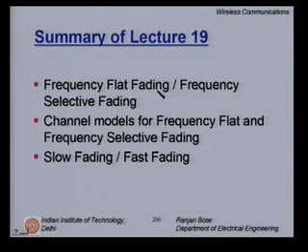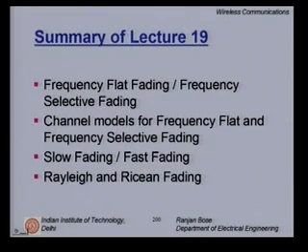Then we focused our attention on slow fading scenarios vis-a-vis fast fading scenarios. And then finally, we had a peep at how a Rayleigh fading looks like and what is meant by Rician fading. We will talk about the Rayleigh and the Rician distributions and more about fading in the subsequent lectures.